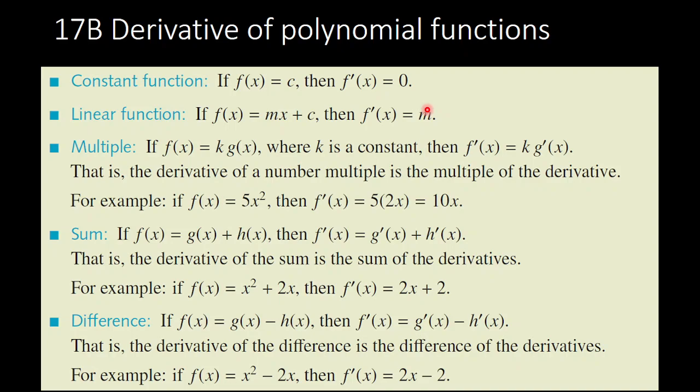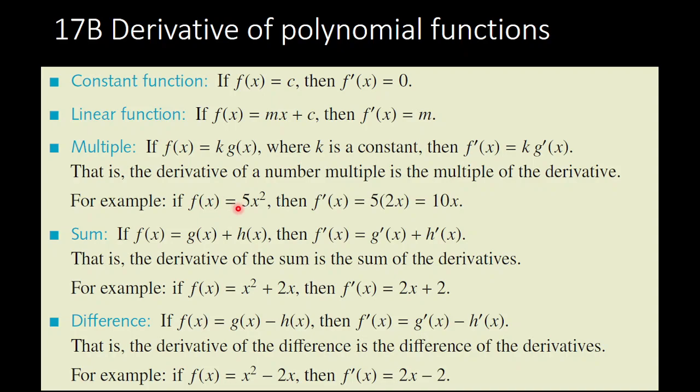Now let's look at if you combine functions together. If a function f is a constant times another function, the derivative is that constant times the derivative of the second function. Below is an example.